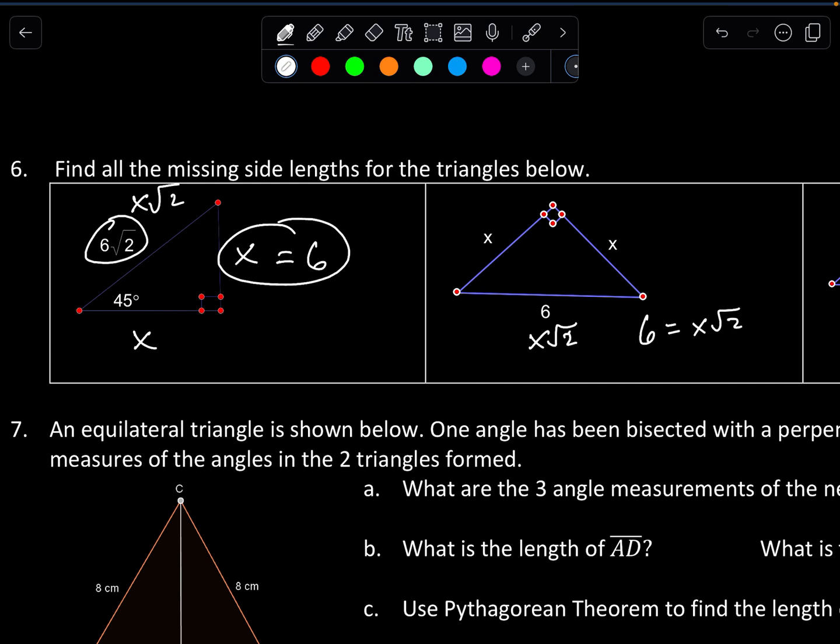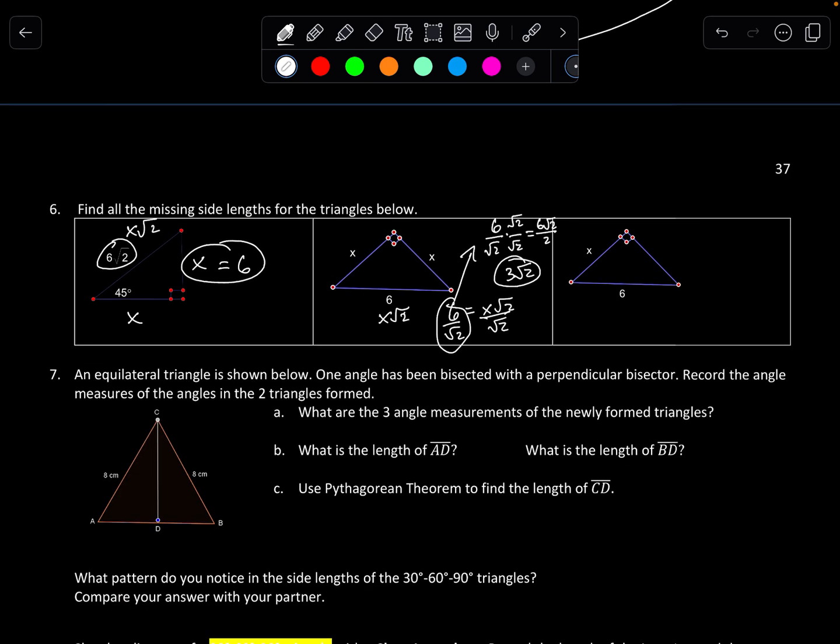Well, how are we going to isolate x? Well, you got to divide by root 2. Now, you might remember from an earlier lesson that we can't have a radical in the denominator. So what we're going to do is rationalize it by multiplying top and bottom by root 2. So it's going to be 6 root 2 over 2, which is what's 6 divided by 2? 3 root 2. Final answer.